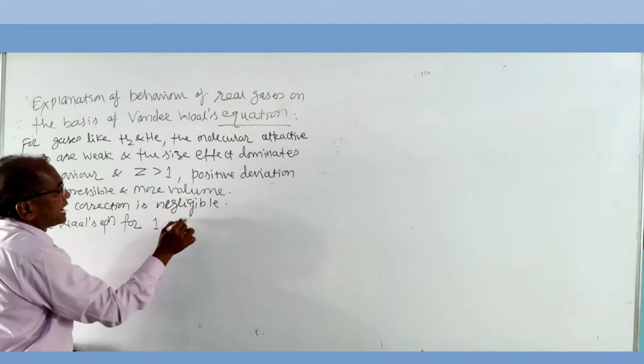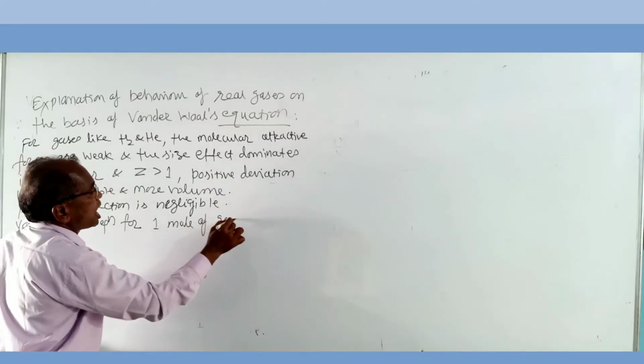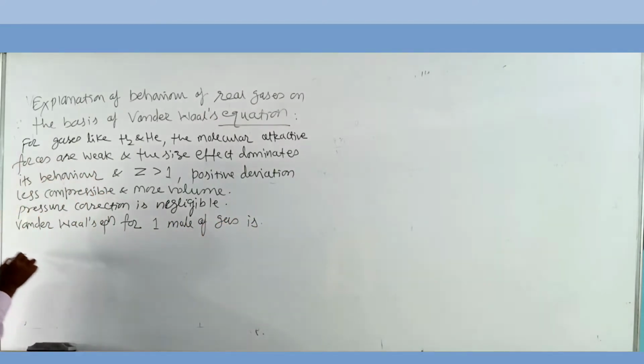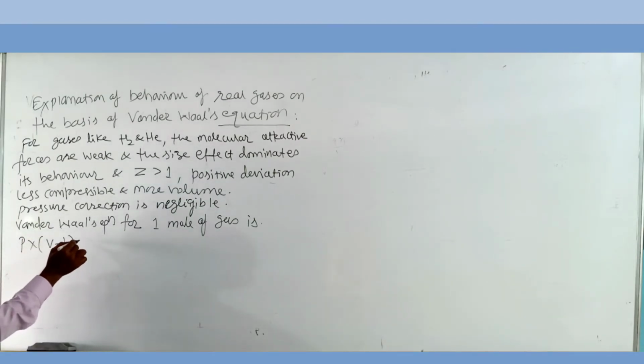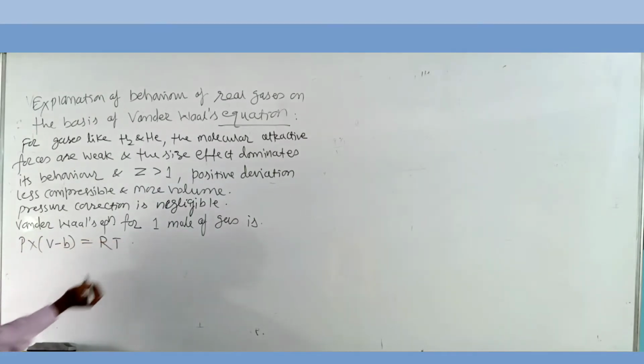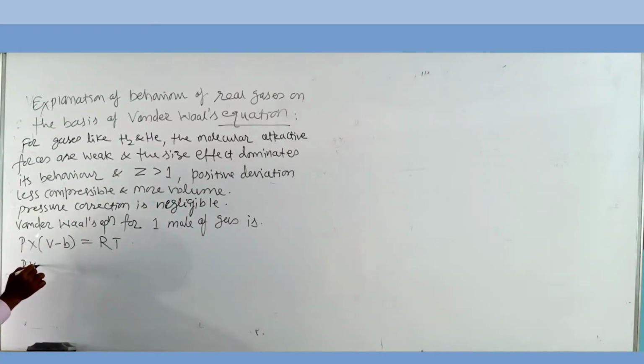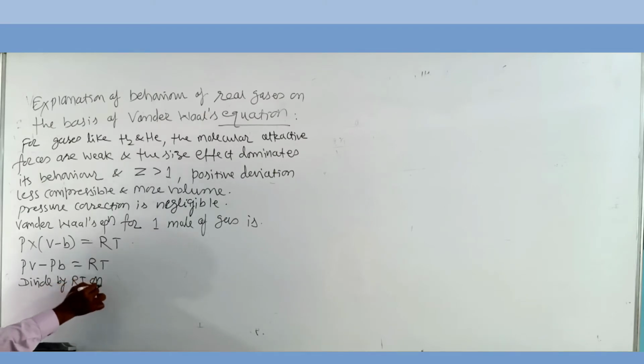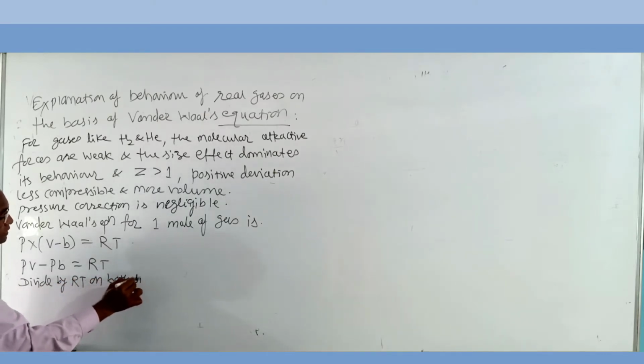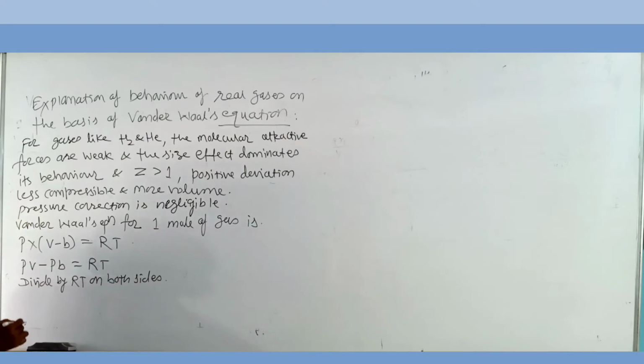for 1 mole of gas is P into V minus b is equal to RT. Solve this bracket. PV minus Pb is equal to RT. Divide by RT on both sides.